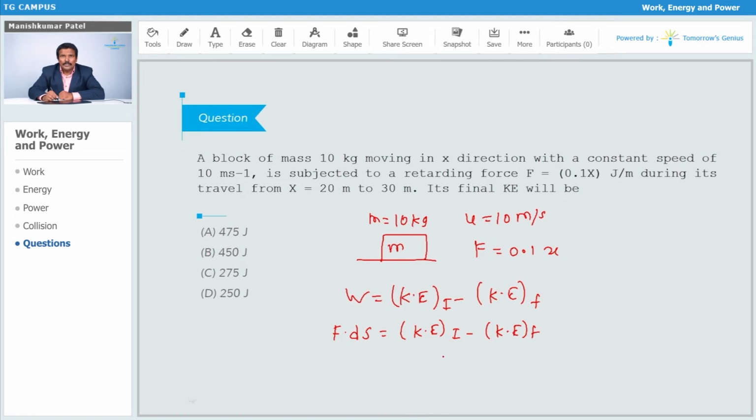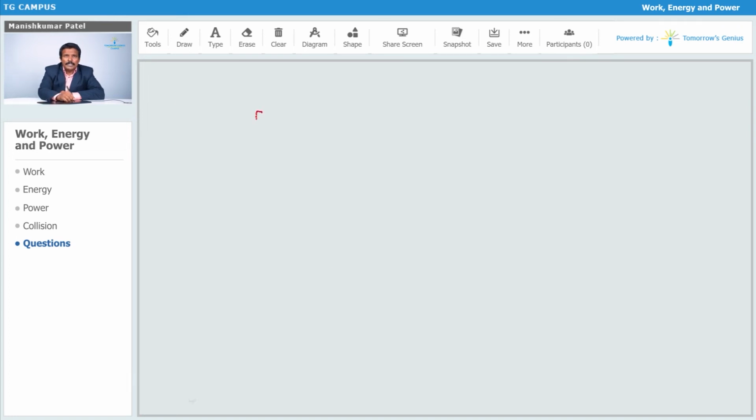So what is the initial kinetic energy? Half into 10 into 100, so 2 5s are 10, this is nothing but 500. So 500 minus the integral of F ds.